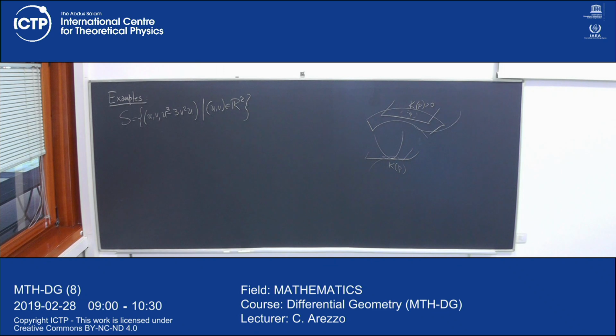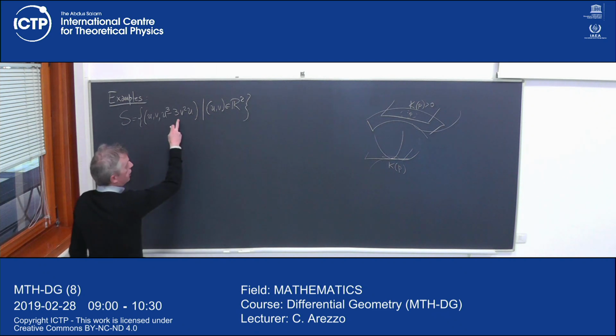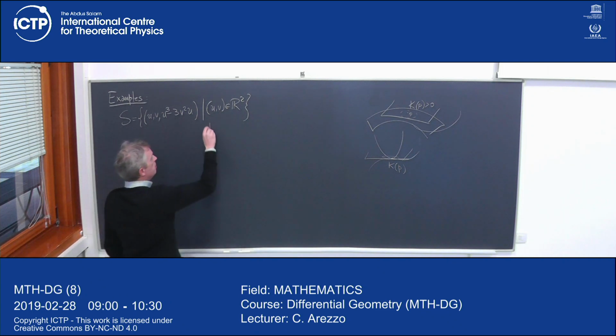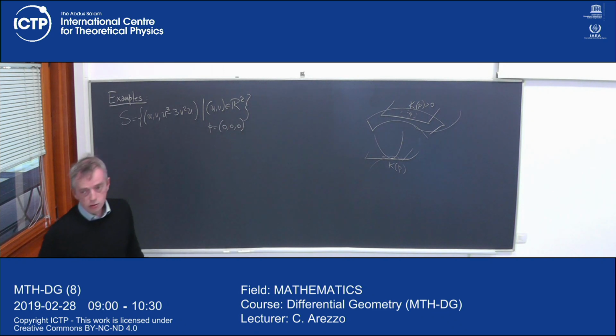Since we haven't done many exercises up to now, let's do the complete exercise. Of course, the origin (0, 0, 0) of R3 lies on this surface, corresponding to the choice of u and v equal to 0. So let's pick p to be (0, 0, 0), and let's do the computation.